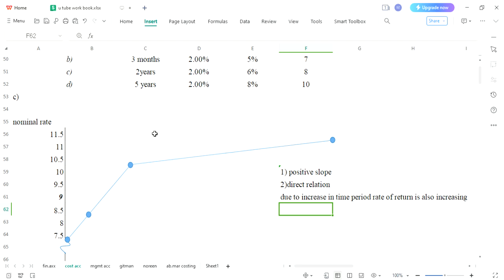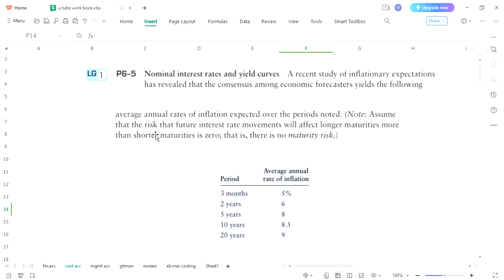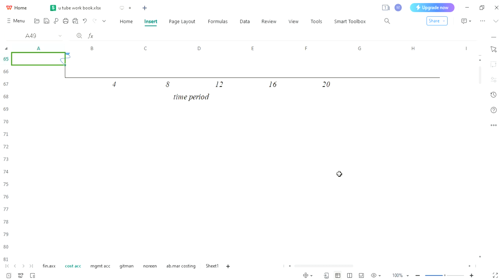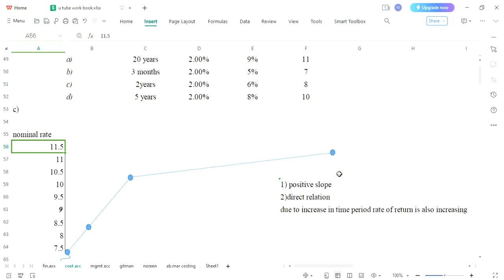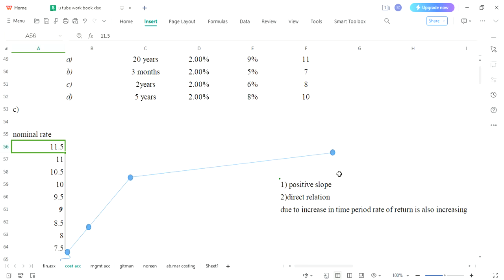C part is completed. Now let's go back and see what our D part is saying. What would the follower of liquidity preference theory say? Liquidity preference is saying that, in our D point, you want to have the maximum amount in liquid form to meet your expenditures. Right now we will not discuss liquidity preference theory in detail, as it is another topic which would start later.